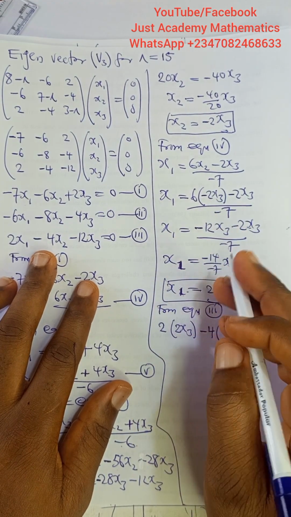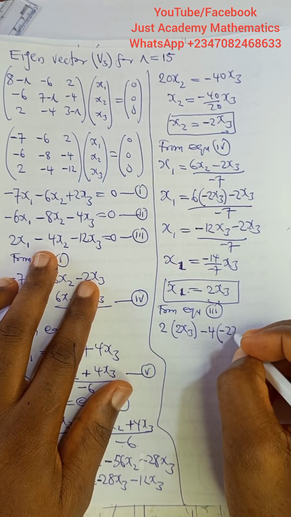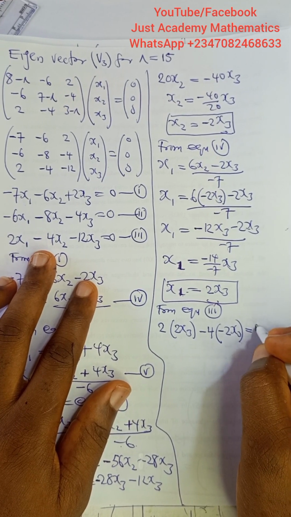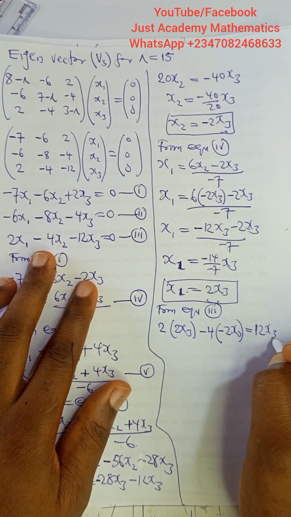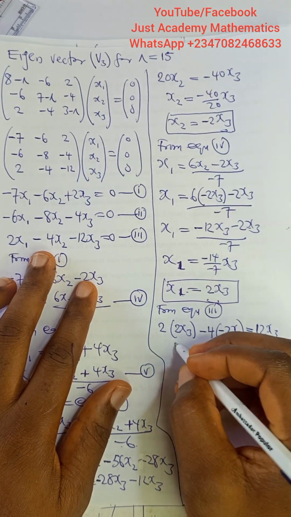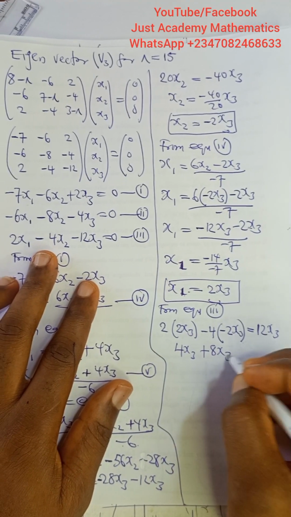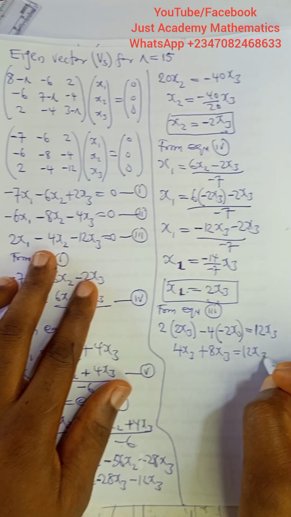In the place of x2, we'll replace it with minus 2x3. Then it's equal to 12x3 when you bring it this side. So this is 4x3 plus 8x3 is equal to 12x3.